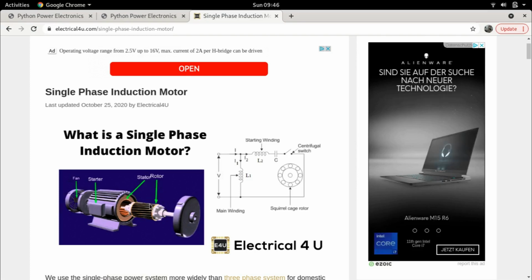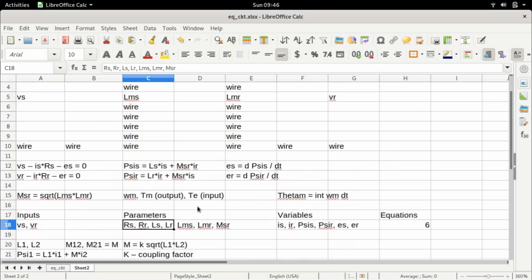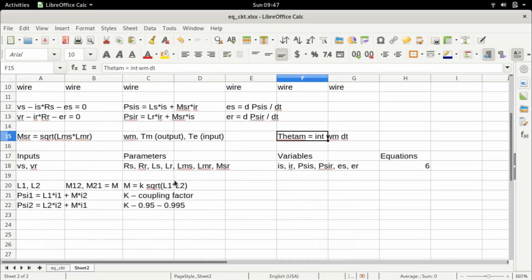But do they depend on the rotor angle, the exact position of the rotor when it is rotating? The answer is no. They do not depend on the rotor angle theta m. So these first two parameters are independent of the rotor angle.